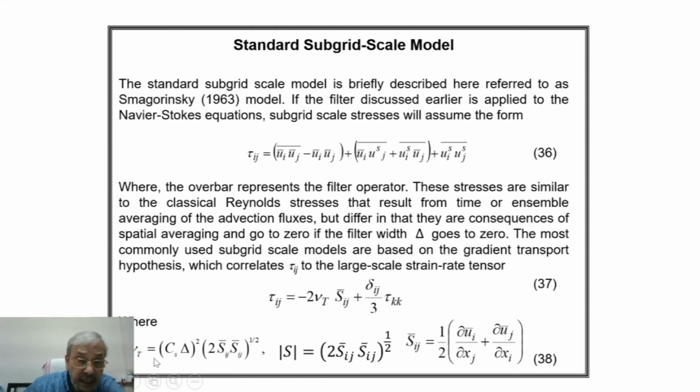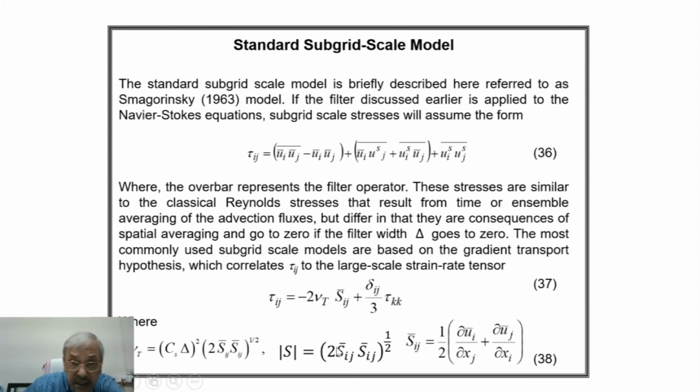So nu t is given by Cs delta square into mod S, where mod S is given by twice Sij bar Sij bar to the power half.